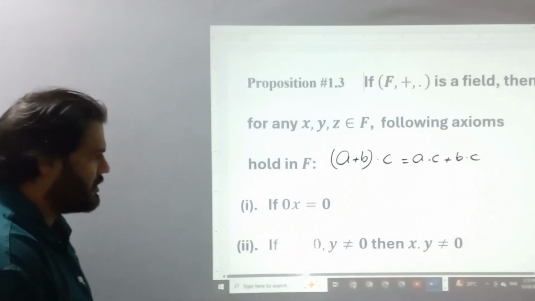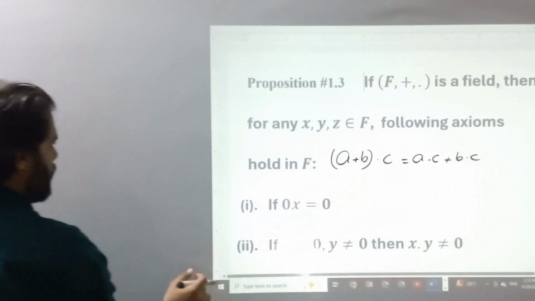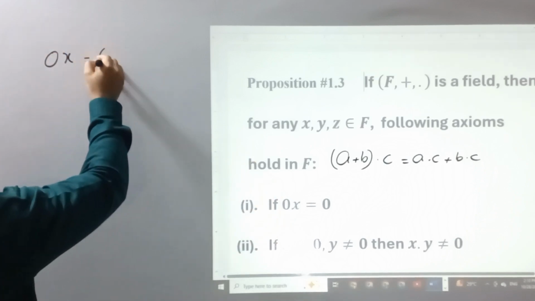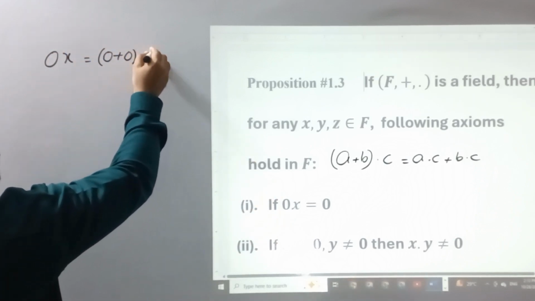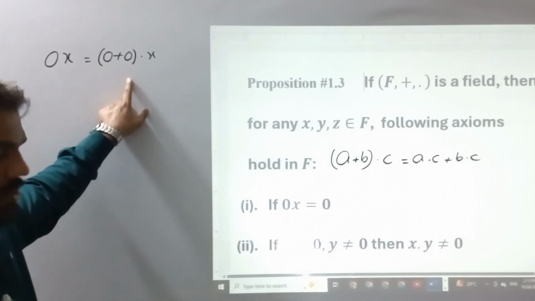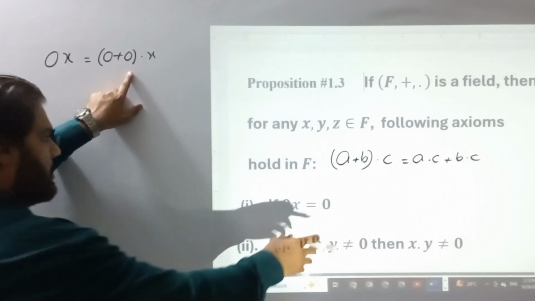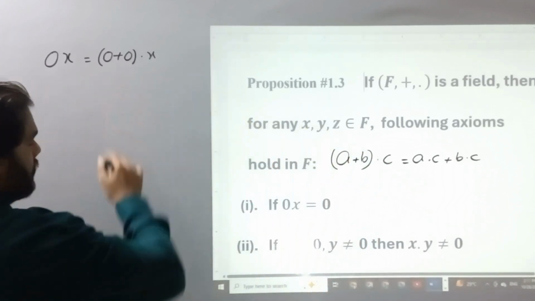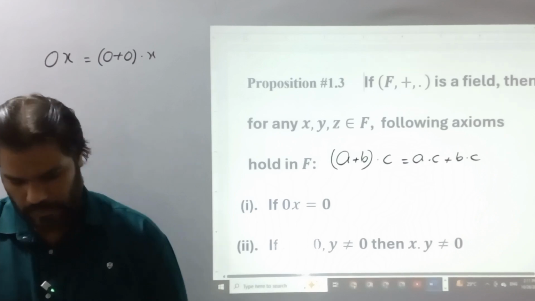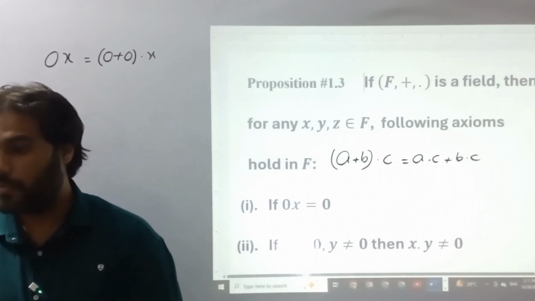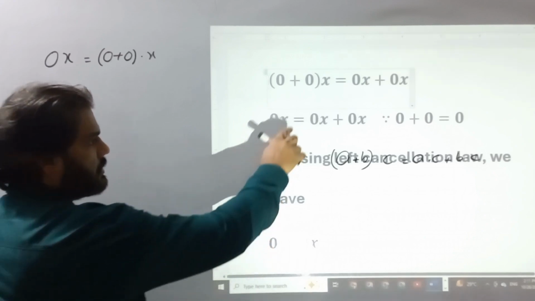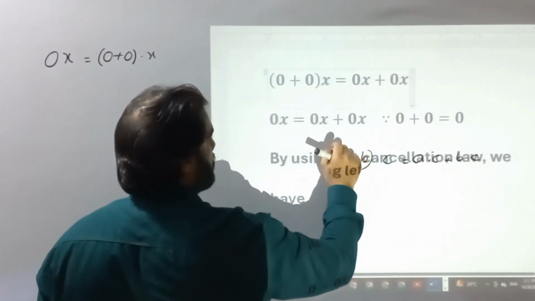Firstly we consider the left side of the equation, that is 0x. That can be written as (0 plus 0) into x, because you know 0 is the additive identity. So 0 plus 0 is equal to 0 here. Now applying this law here, this will give us 0x plus 0x.